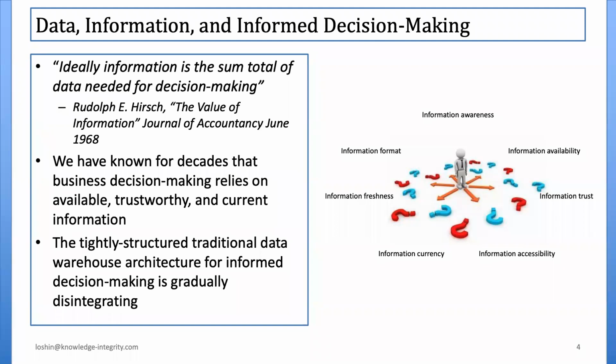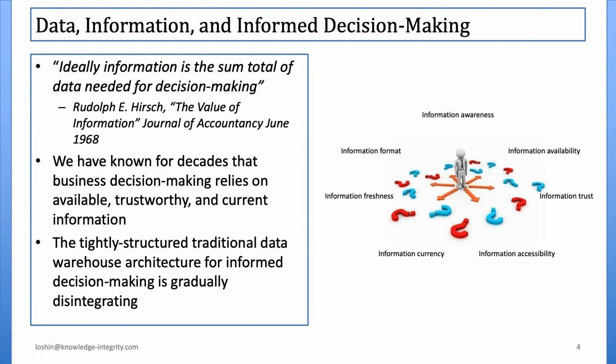And these are namely what I show on the right side of this slide: information awareness, or knowing what data sets exist and could be of value for decision making and business intelligence; information availability, which is basically the knowledge about whether the data sets are available for use and under what circumstances or restrictions are in place for using that information. Information trust, or the degree to which the data in those data assets are trustworthy.